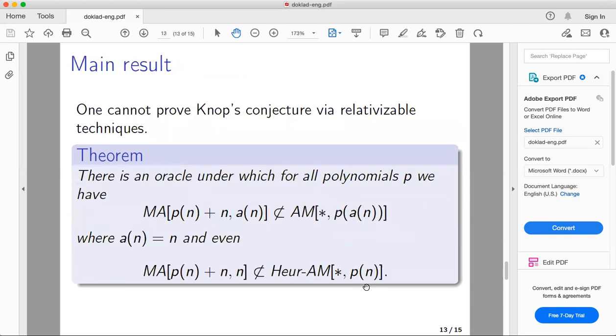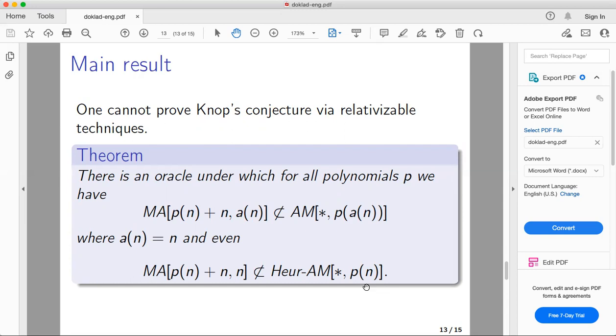And so one can now ask whether we can prove the conjecture, not refute it. And our main result shows that this is a very implausible conjecture, and so it's very hard to prove it. And we can show that we can't prove it using relativizable techniques.